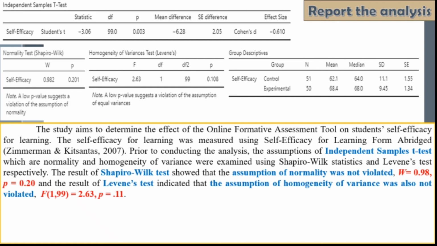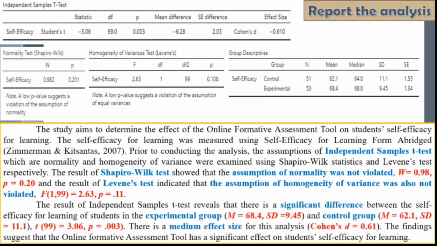The result of Shapiro-Wilk test showed that the assumption of normality was not violated, represented by the given values, and the result of Levene's test indicated that the assumption of homogeneity of variance was also not violated, represented by the given values.